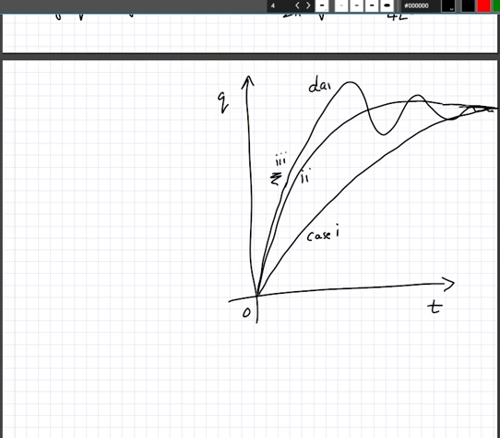So this is damped. This is, I have told you already, critically damped. This is over damped.